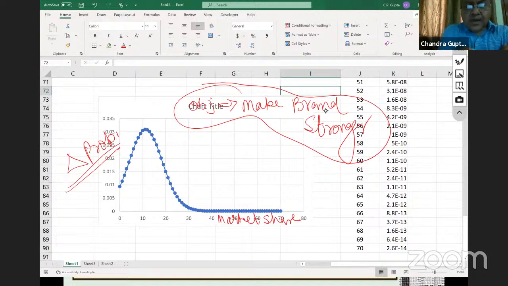मैं आप लोगों से इसका policy implication जानना चाहूंगा कि क्या होगा. Suppose you are in the management and you get this information. You want to make your company's brand stronger, and the analyst gives you information that as market share increases, the change in the probability of making your brand stronger goes like this. बताइए क्या मतलब होगा इसका, इस ग्राफ का क्या इंटरप्रिटेशन होगा.